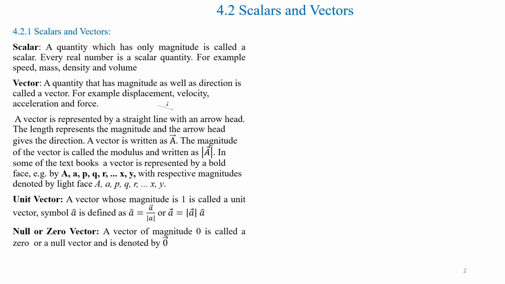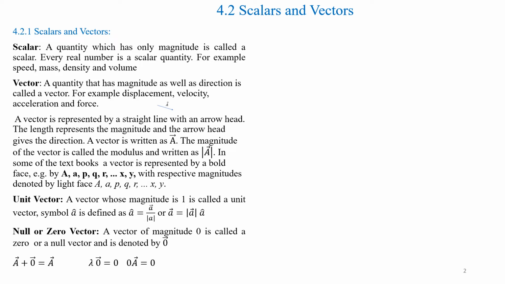Then what is its significance? Let us define null or zero vector. A vector of magnitude 0, that is, it has no magnitude, is called a zero or a null vector and it is denoted by vector 0. Why is it needed?